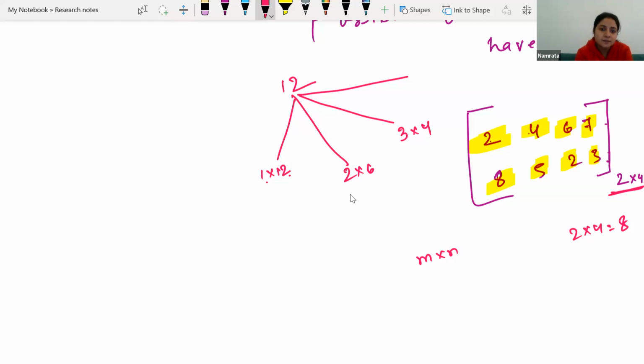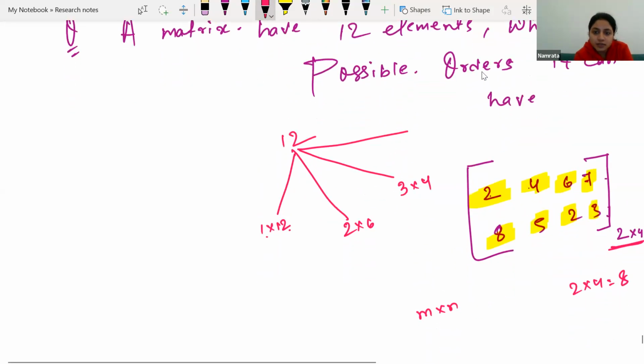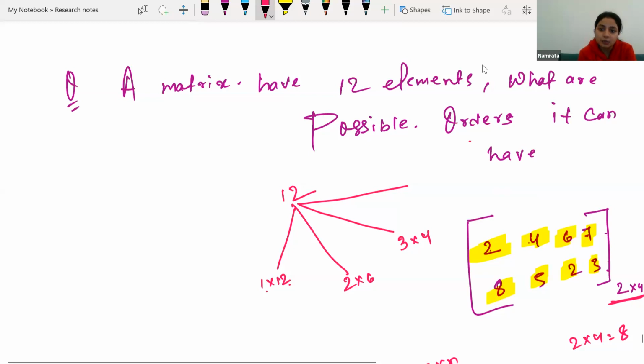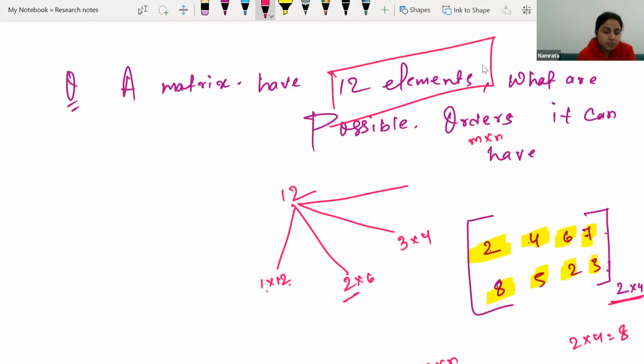And what else? 1 into 12 is there, so 12 into 1 can be there, right? The number of rows can be this, the number of columns can be this, and hence we will be having 12 elements. Or the number of rows can be 2, the number of columns can be 6, and hence we will be having 12 elements. Are you getting it?